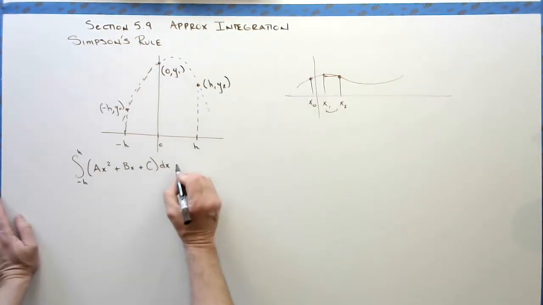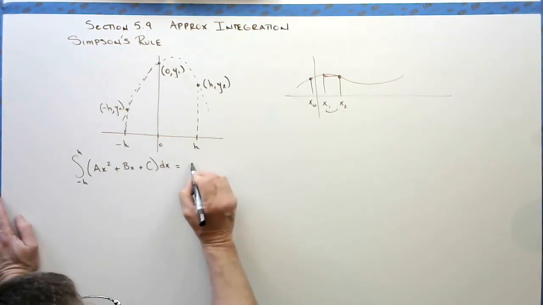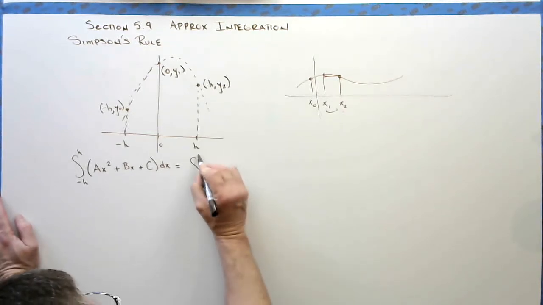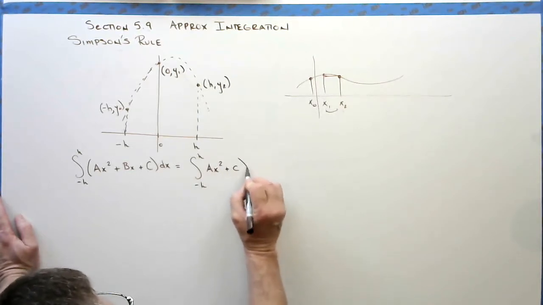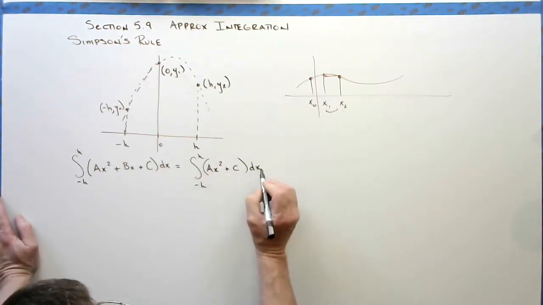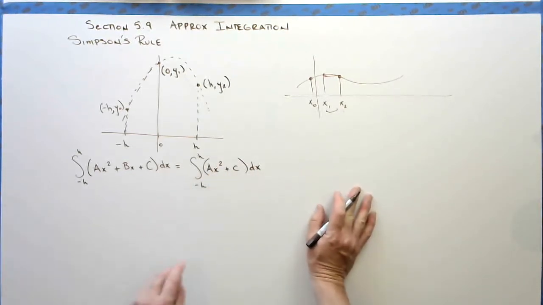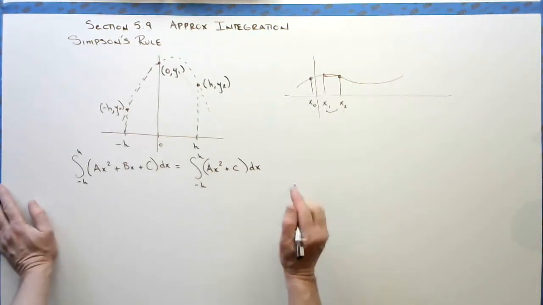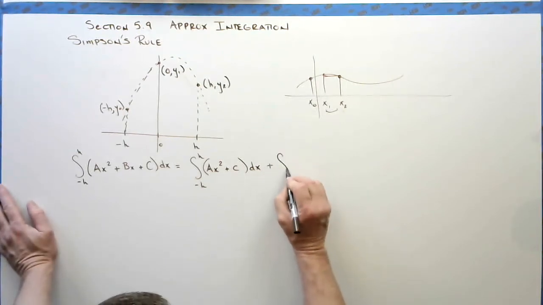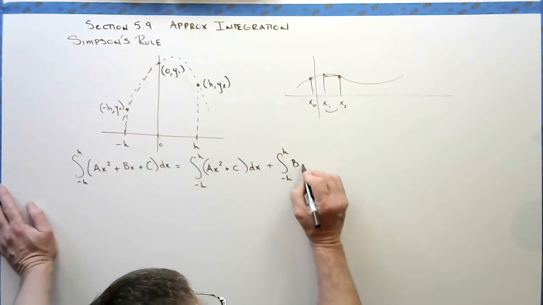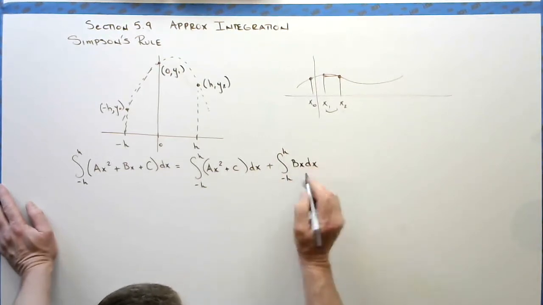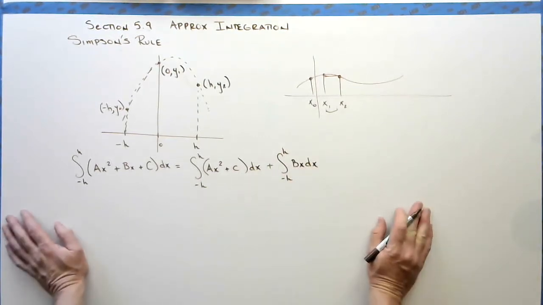Now, if we simplify this, we can rewrite this as the integral from negative h to h of ax squared plus c. And this isn't going to seem like one of those things that maybe we would have thought of off the top of our head, but like so many developments, there's an aha step in here. And that's what I call them. I call them aha steps.